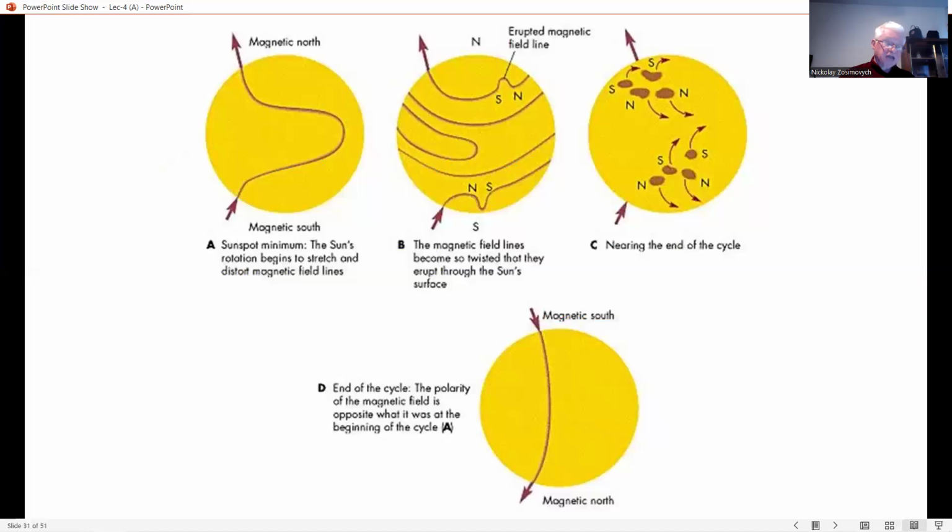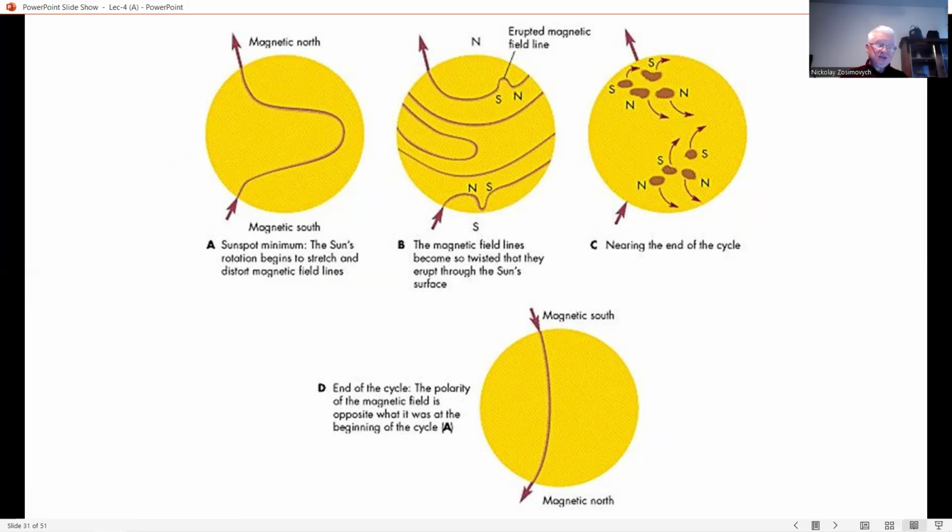Alternate sunspot cycles have reversed magnetic polarity, which has been explained by the Babcock model, in which the differential rotation of the sun winds up the magnetic field.